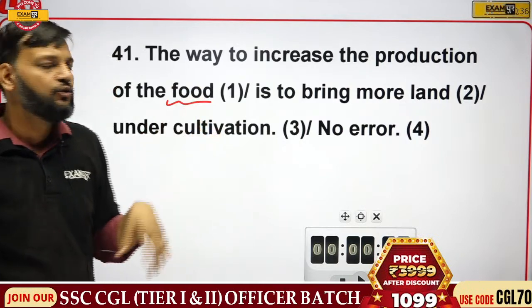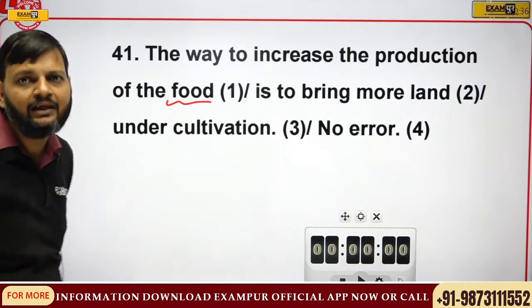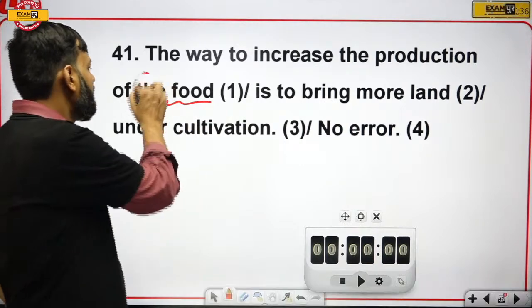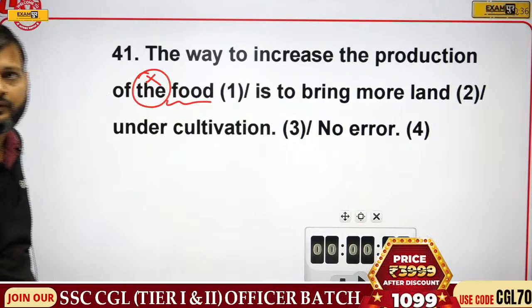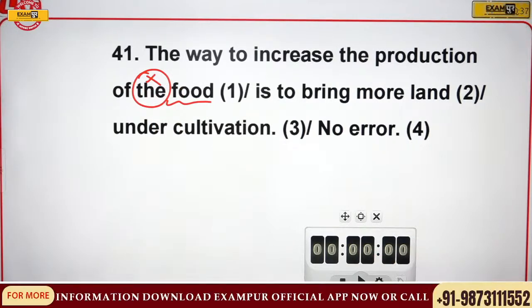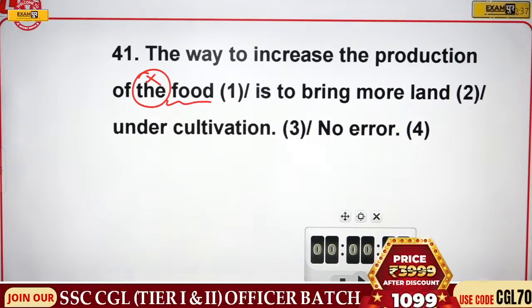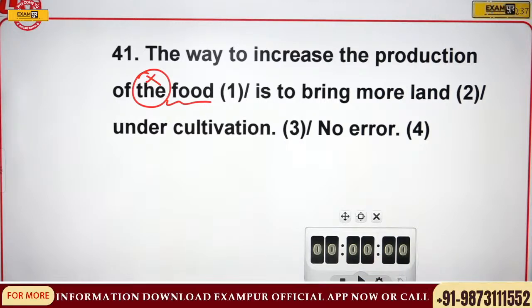Okay, so if this food is random, it has not been specified with any detailed information, use of the is wrong. Clear? Is it clear, or do you still have any doubt?